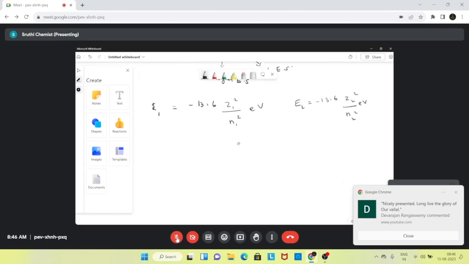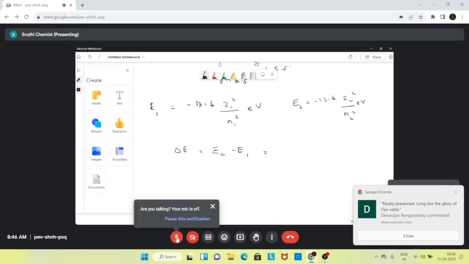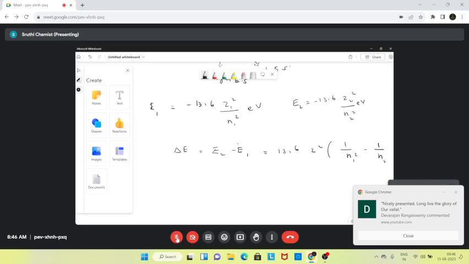The next one is delta E, which is E2 minus E1. E2 is given and E1 is given. Just substitute. The common term will be cancelled out. So your value finally will be 13.6 Z square times 1 by N1 square minus 1 by N2 square.